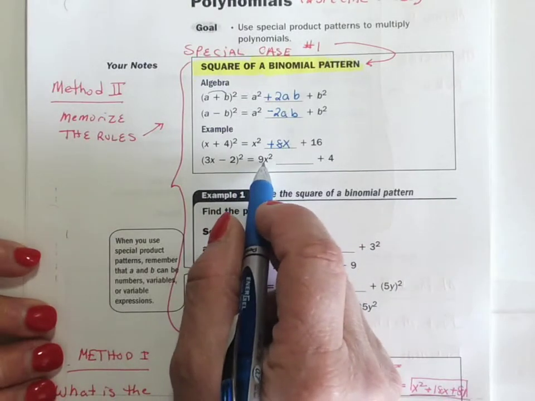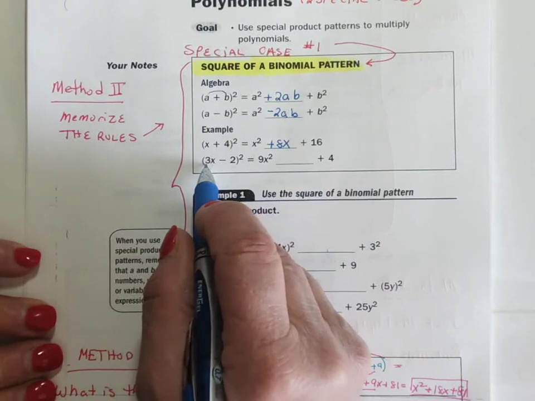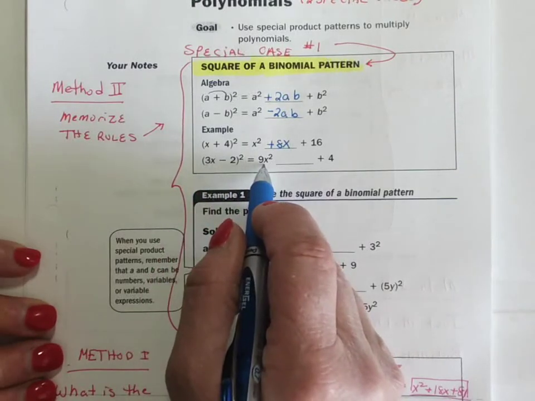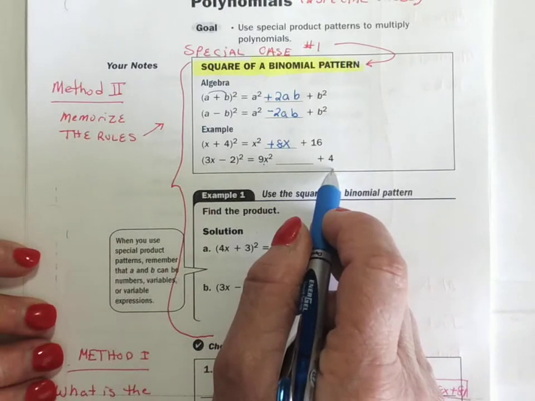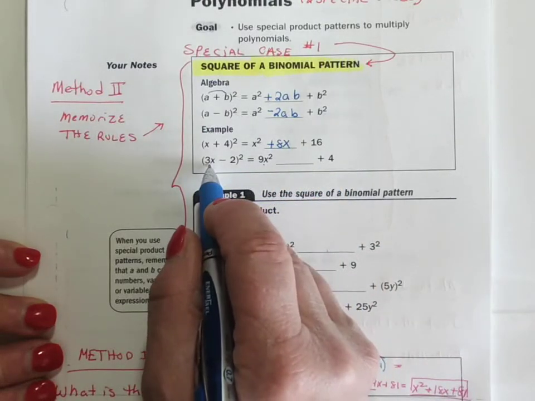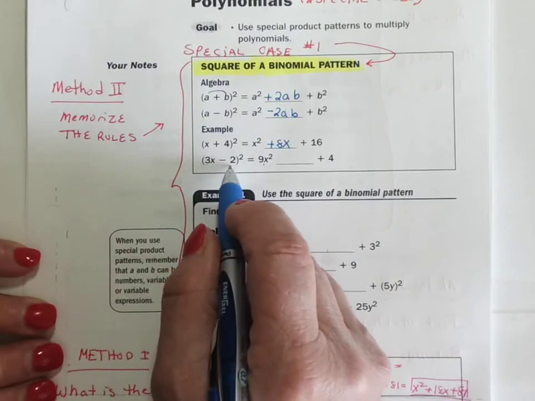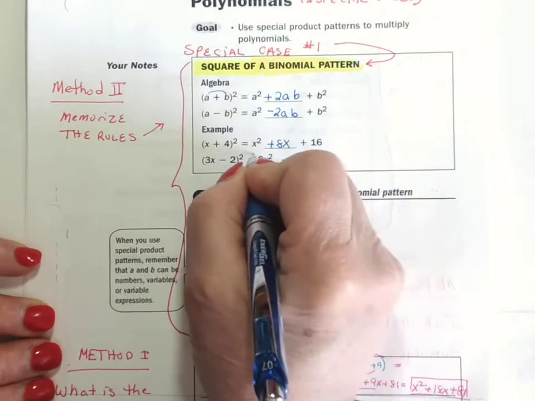So here, we've got 3x squared is 9x squared. Negative 2 squared is 4. Negative 2 times 3x is negative 6x. Double it. It's negative 12x.